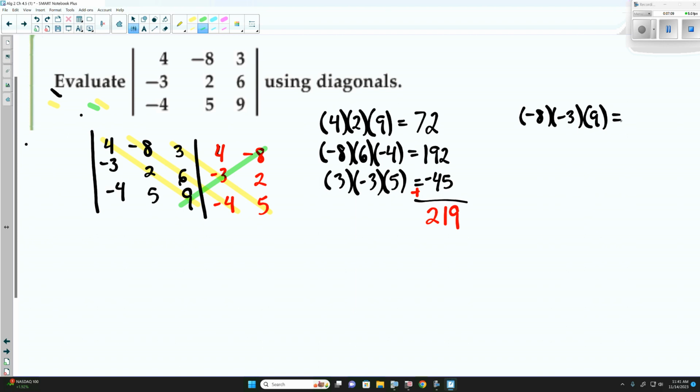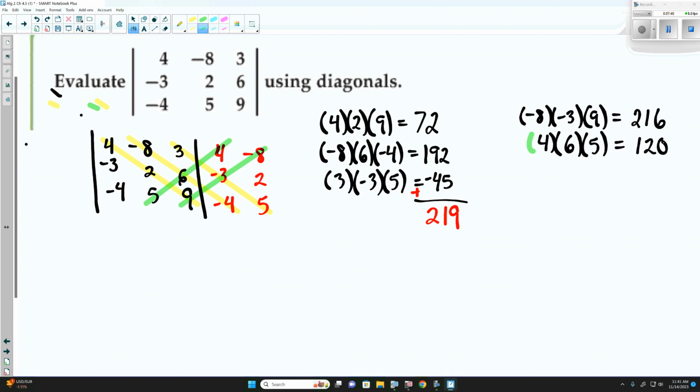216. I just heard 16, so 16 seems a little small. Then our next one would be 4, 6, 5. 120. Well, 5 times 6 is 30. 30 times 4 should be 120.